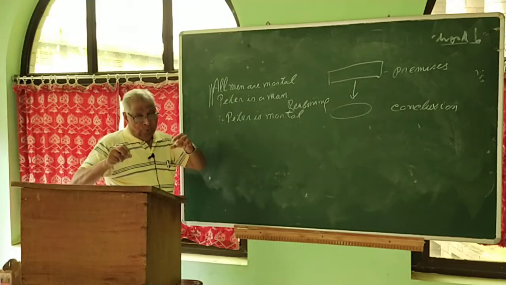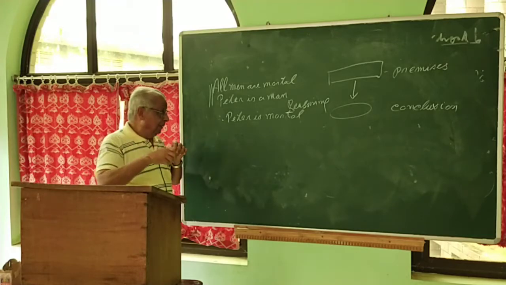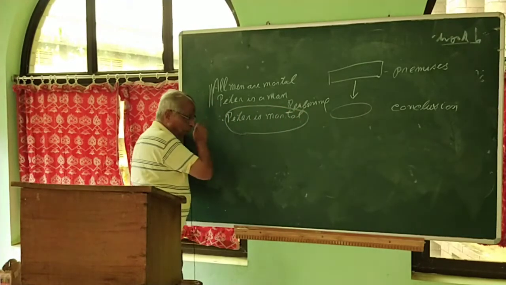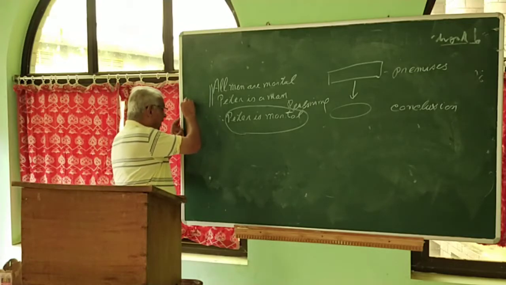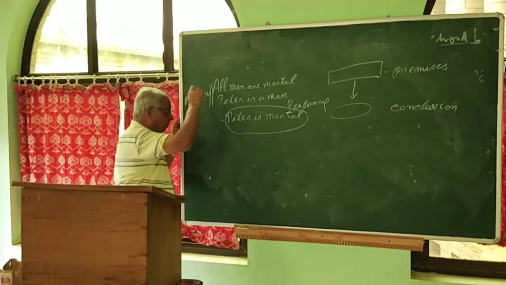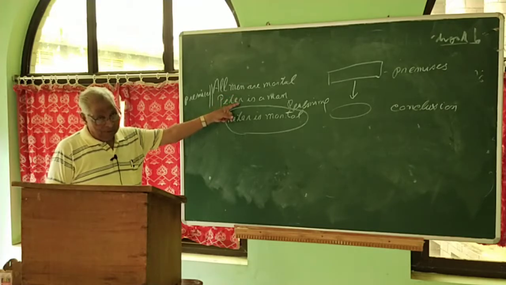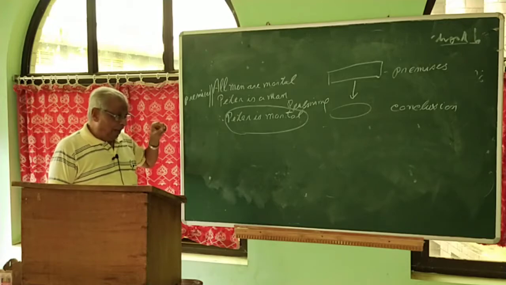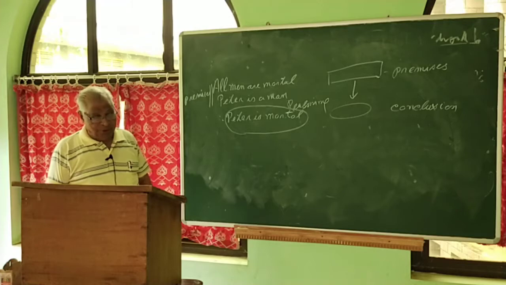From these two known facts, I am able to arrive at by reasoning. Then, if that is so, then Peter is mortal. So this is the conclusion. They are the premises. That which is given, or those which are given, are the premises, and that to which we conclude, or that which is arrived at from the premises, that is called the conclusion.